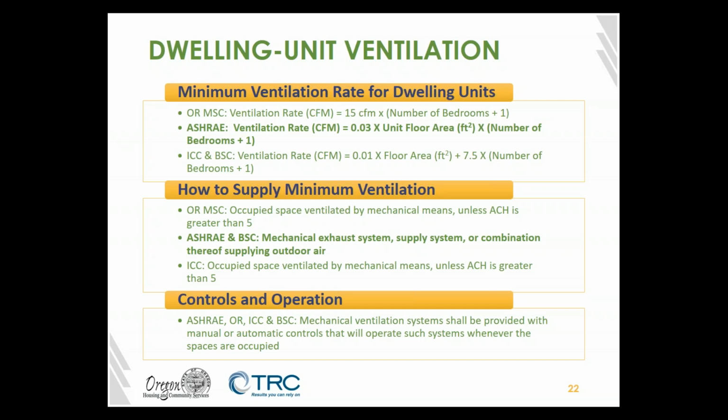The good news is that if you throw in any given typical apartment, say an 800 square foot two-bedroom, into any of these three formulas, they all spit out pretty much the same answer. It's somewhere around 45 to 60 CFM for that apartment. Bigger apartments need more air, more occupants need more air, it's just a calculation standard to help guide how many cubic feet per minute you need there.